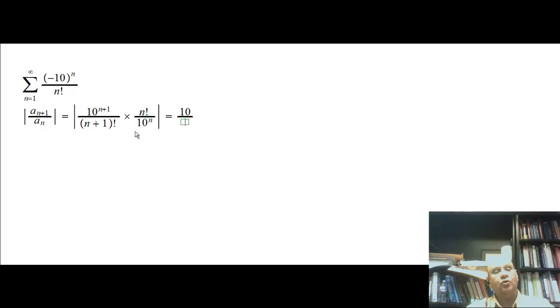What happens if I break factorial n plus 1 down? I will have n plus 1 times n times n minus 1, etc. The next factor is factorial n itself, and these two will cancel.